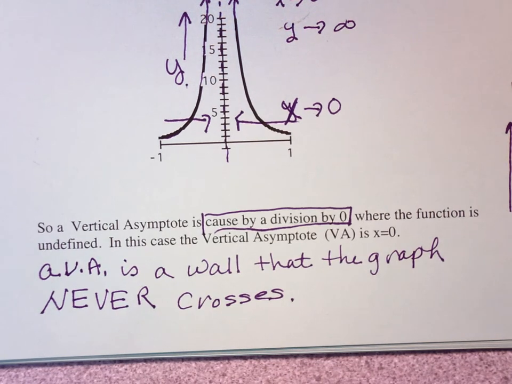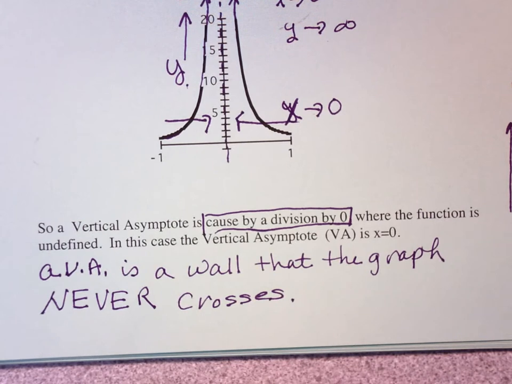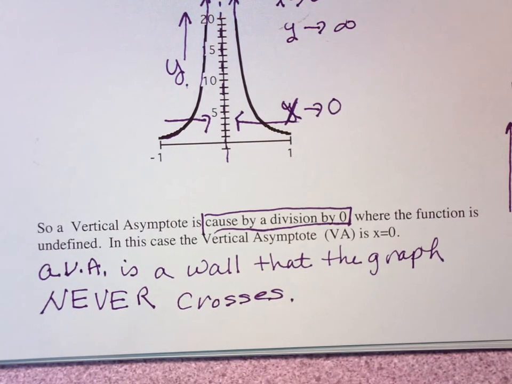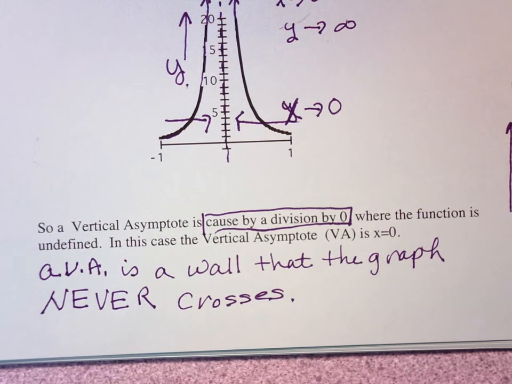It is a wall that the graph never, ever crosses. It can't cross. If you were walking toward that wall, you'd have a choice. You can either put your nose against the wall and not go any further, or you're going to curve one direction along the wall, or curve another direction along the wall.